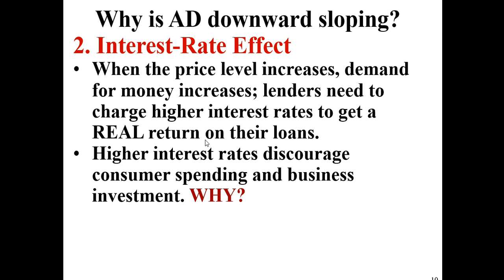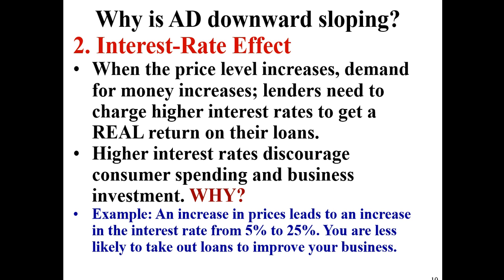And so you have that inverse relationship. Price levels go up, and the aggregate demand, which is those four parts together, two parts of that diminish as a result, because the higher interest rates bring down consumer spending and business investment. And if you remember why, we talked about this a few chapters ago, that consumer spending, well, if you're borrowing the money to do spending, higher rates are going to cause you to spend less of borrowed money.